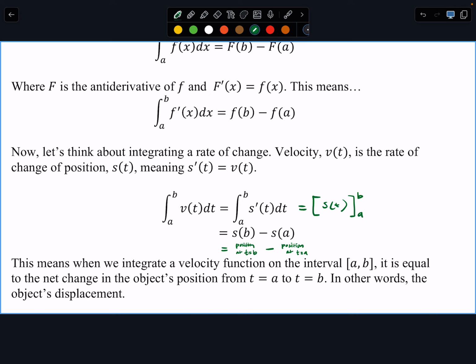So this means that when we integrate a velocity function on the interval from a to b, it's equal to the net change in the object's position from t equals a to t equals b. In other words, it's the object's displacement.